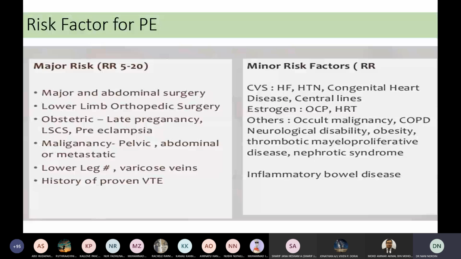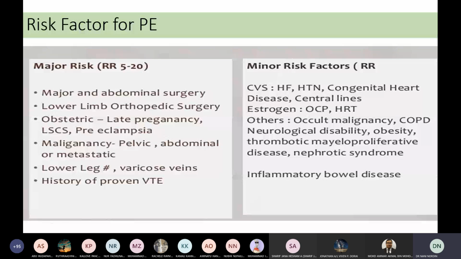If we go through the risk factors, they are usually divided into major and minor risk factors. Major risk factors are a person who undergoes surgery, especially lower limb surgery and major abdominal surgery. Why surgery?